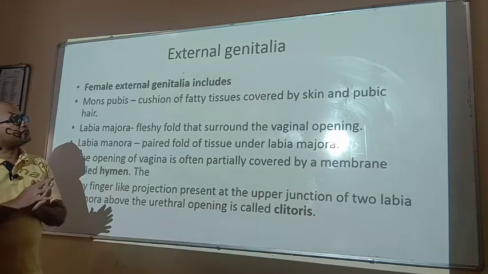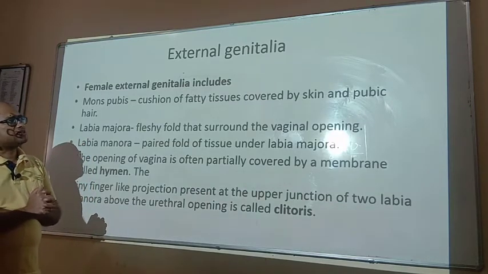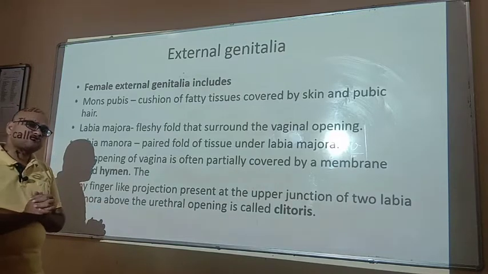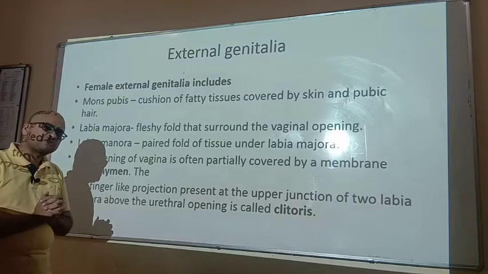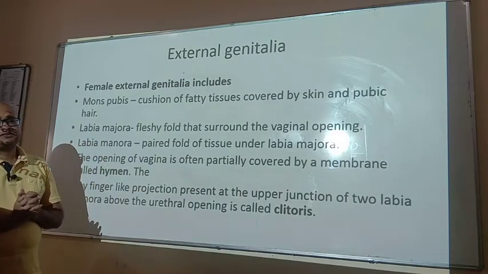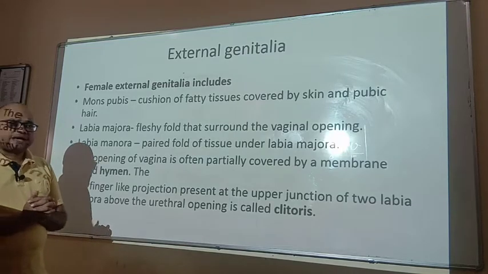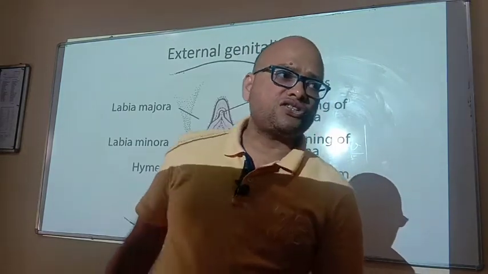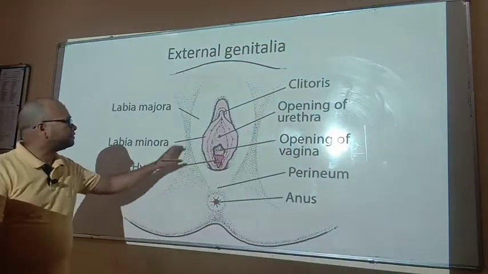Actually, the external genitalia is the recipient of the penis during sexual intercourse, through which the male transfers its semen into the vaginal canal of the female. The external genitalia has all these structures shown in this diagram.